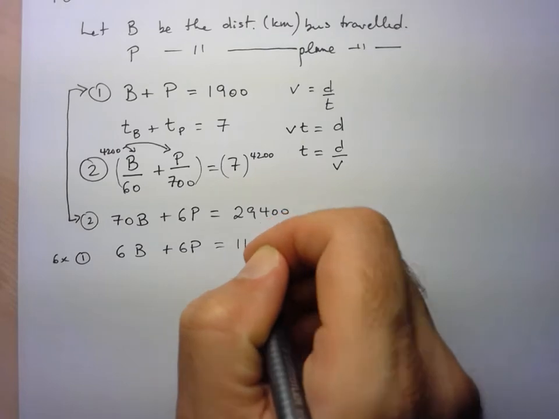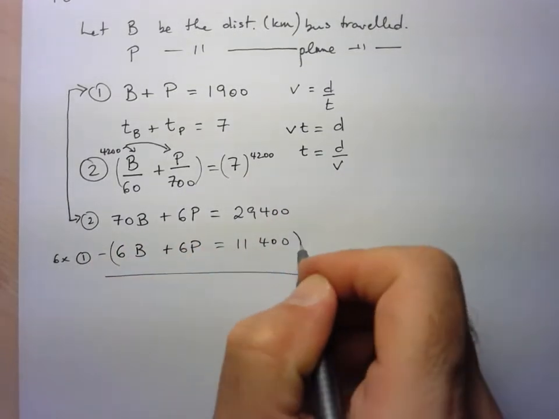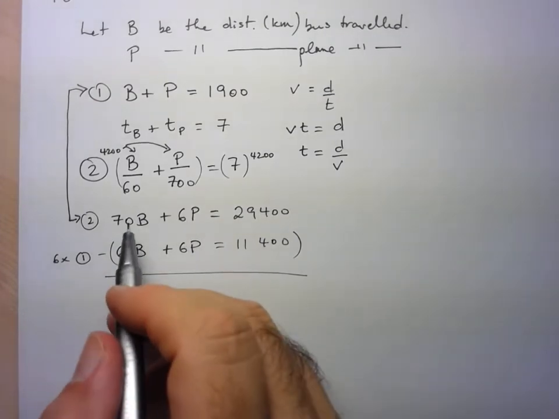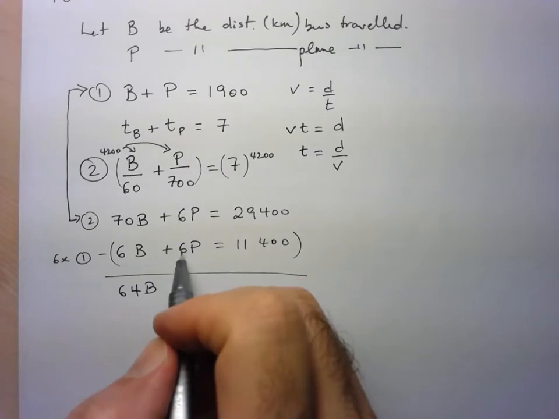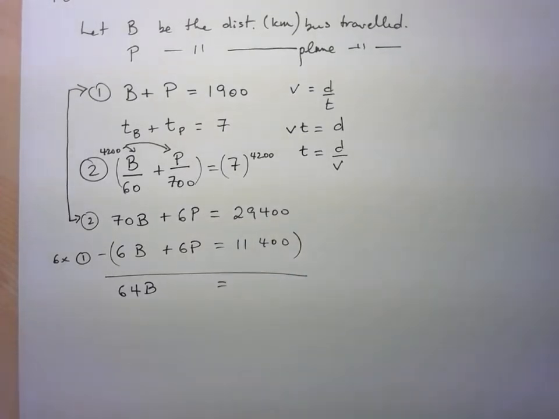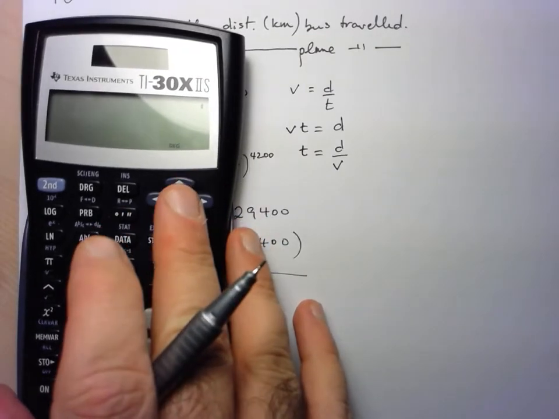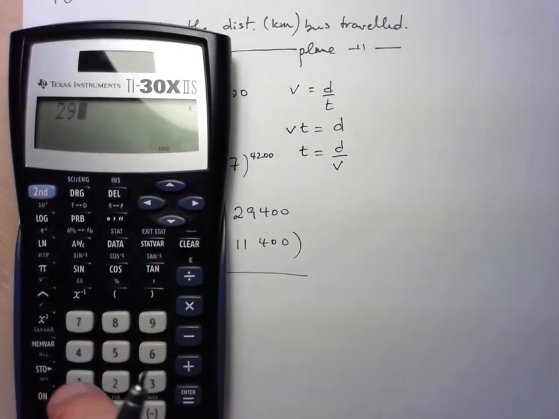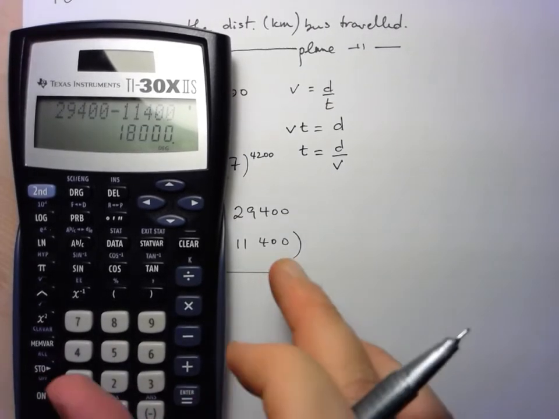11,400. And here I'm going to subtract these equations to eliminate the p's. So 70 minus 6 is just going to be 64b. 6p minus 6p is 0. And here, again, I could do that in my head, but just to be clear, and just to make sure I don't make a mistake, 29,400 minus 11,400 equals 18,000.